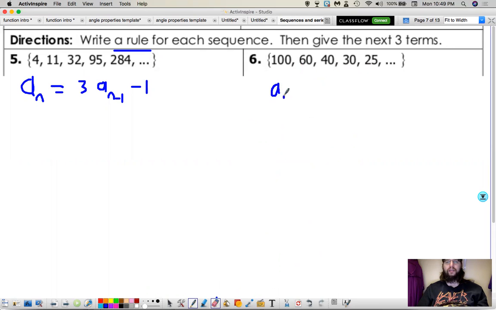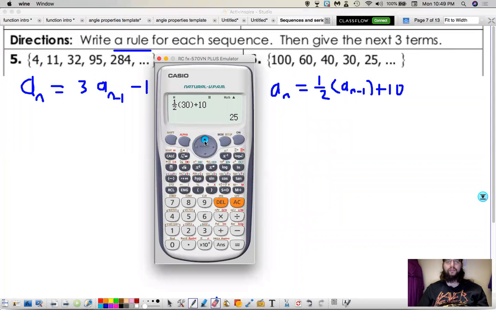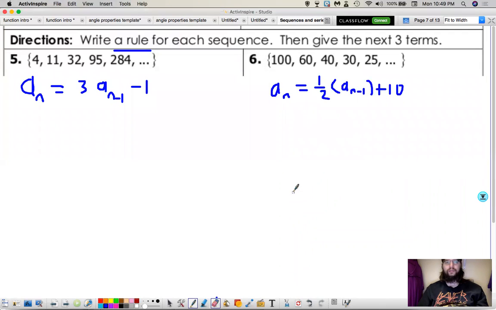So a sub n is half the previous number plus 10. So if we plug in 25 into here, I wonder if it'll work for this one. We'll find out. Let's see if we get the same thing in a minute. This is going to be a fraction because 25's odd. 45 halves. Oops, all your directions: next three terms.